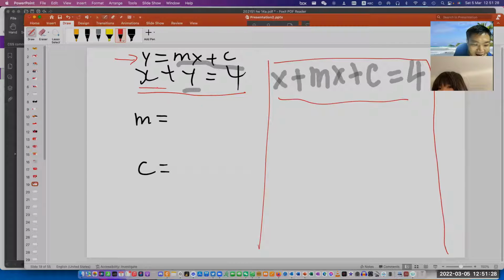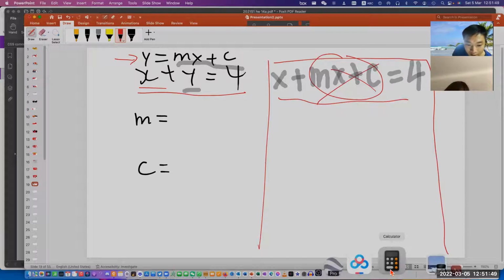Can't you just move the x over? You are right, you sub in, but it looks very, very complicated. So you don't want to go this path, because if you go this path, it's going to be so complicated.